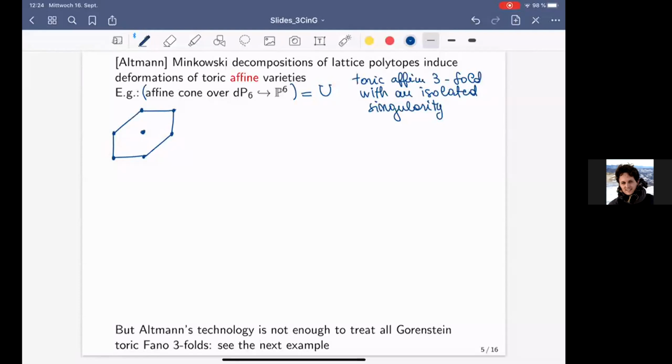And this hexagon has 2 maximal Minkowski decompositions. One is this one, and the other is this one. So if you are not familiar with Minkowski decompositions or Minkowski sums, you should think that you pick any point in the first triangle, you pick any point in the second triangle, and you take the sum.